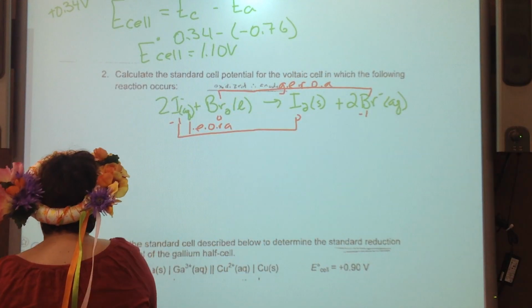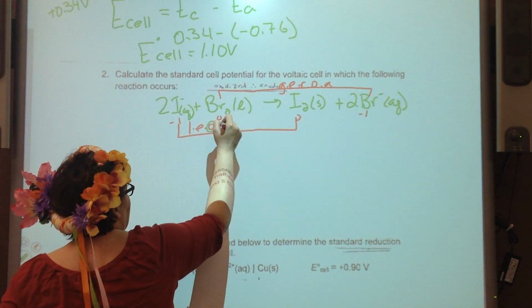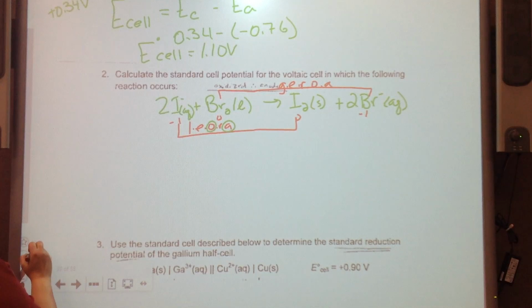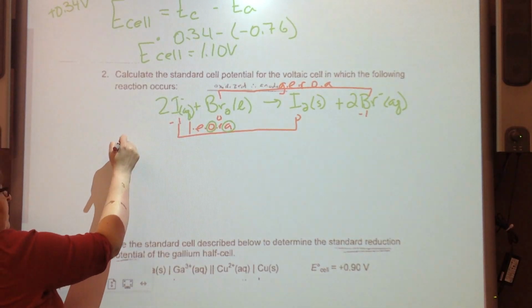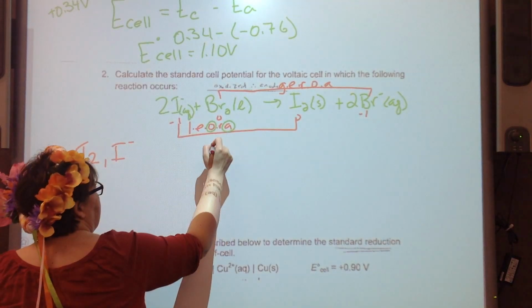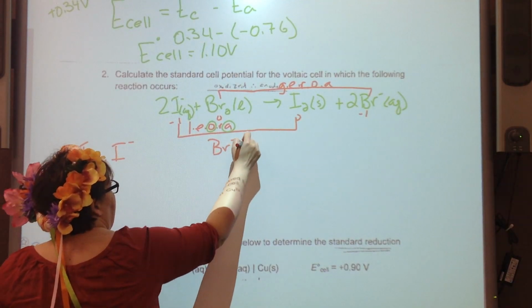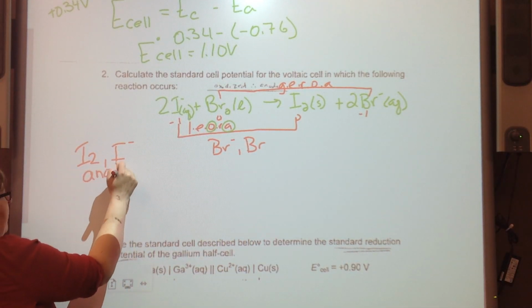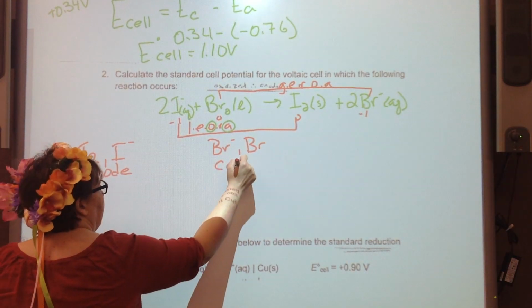So when we look back here, we have oxidation at the anode. So I minus is our anode, and Br2 is our cathode.